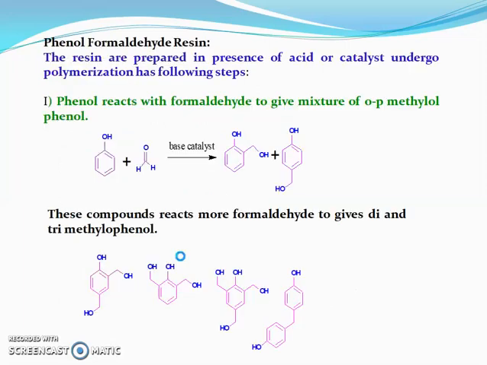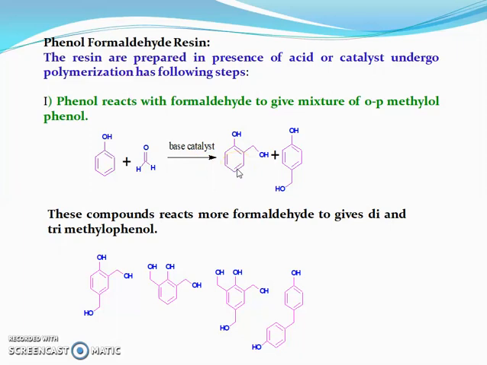The next polymer we discuss here is phenol formaldehyde resin. Phenol and formaldehyde react with each other in presence of an acid or base as a catalyst and undergo polymerization to give a product whose nature depends on the catalyst used and the ratio of phenol and formaldehyde.